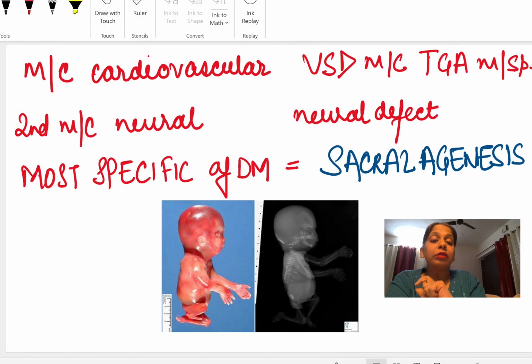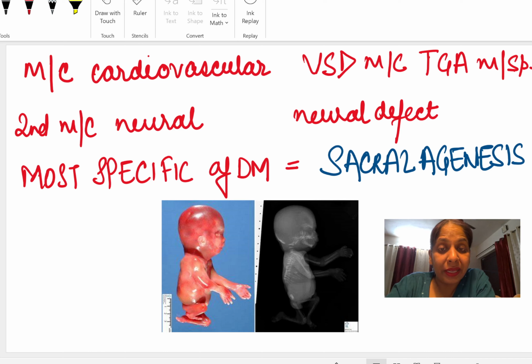The second most common system affected is the neural system, or the central nervous system. The defects are neural tube defects: spina bifida and anencephaly. These are the second most common defects.